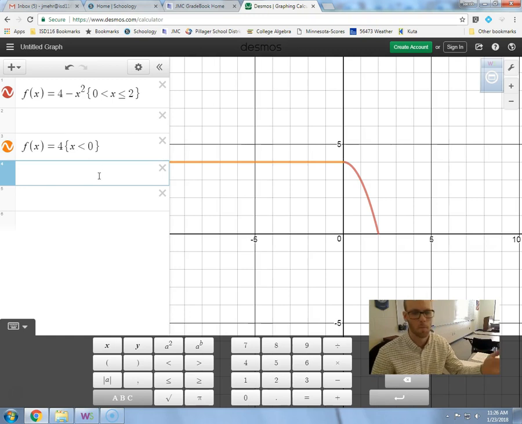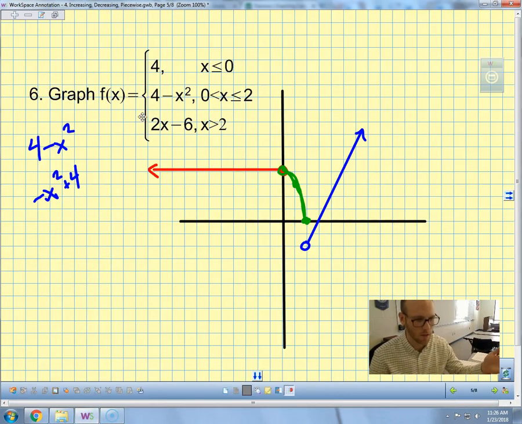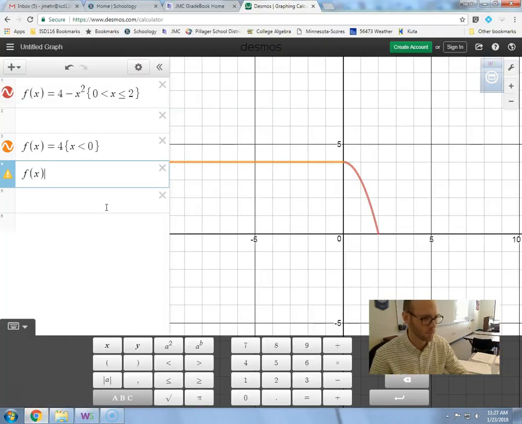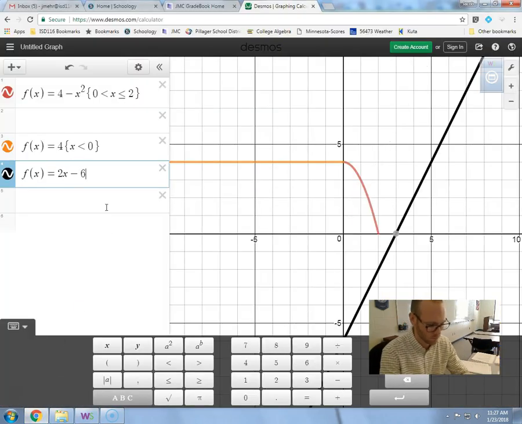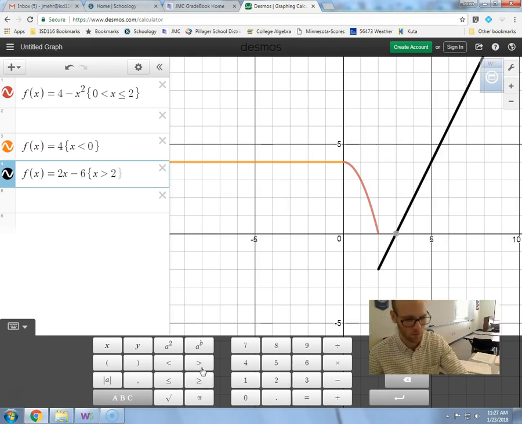And then I could do that last one. I'm trying to remember off the top of my head what that function was. 2x minus 6. And that is for x's that are greater than, I think it was just greater than 2. There it is. Cool stuff.